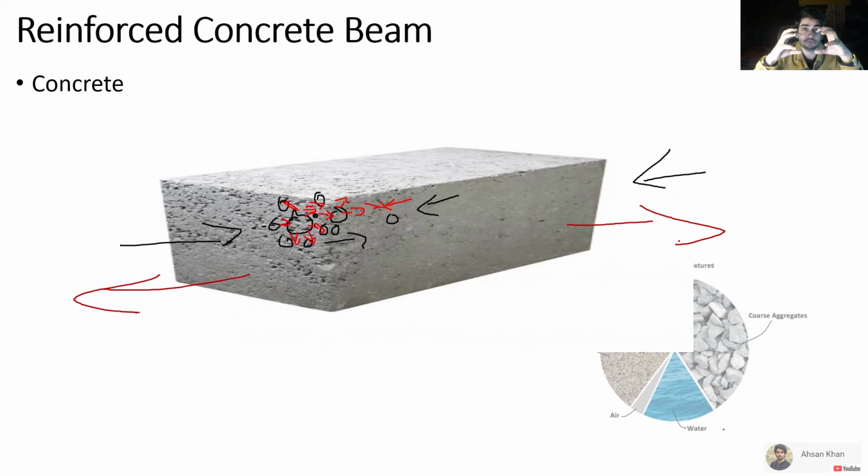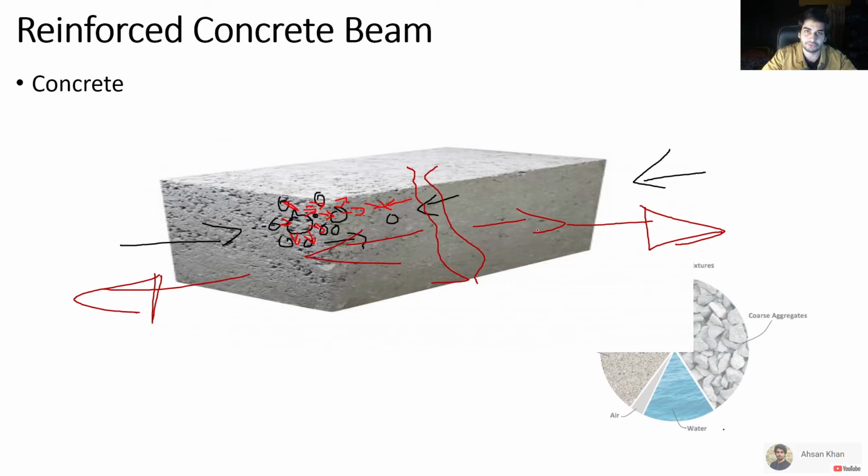They will not be able to hold their hands and stick to each other, and they will be separated. If you apply this force, which we call tension, they will separate somewhere here, lose their bond, and move apart. So that's why we say that concrete is bad at tension.